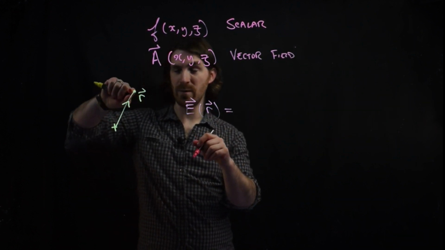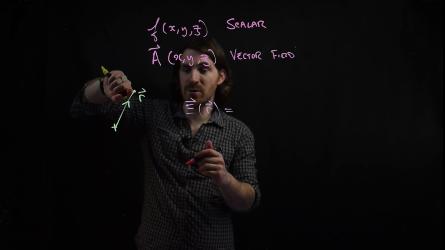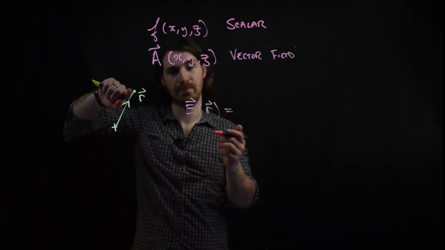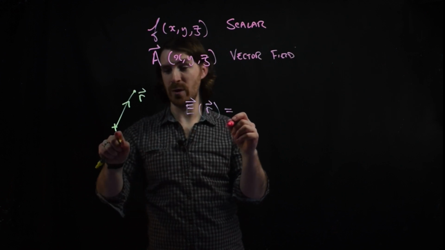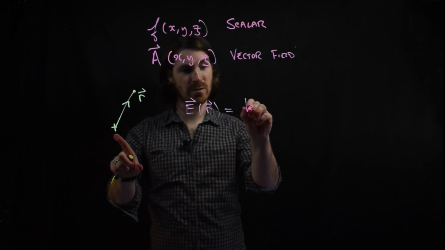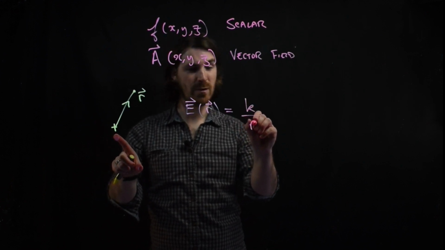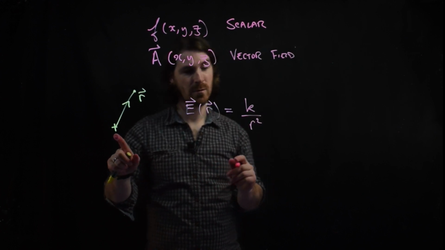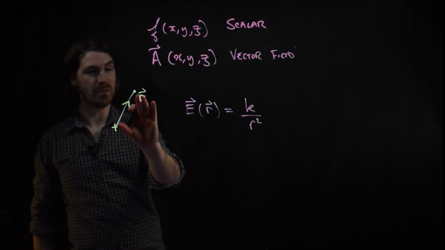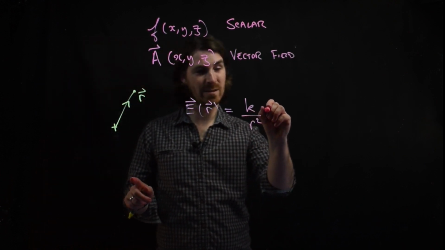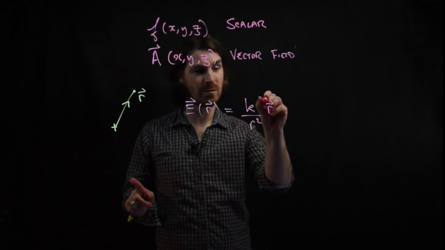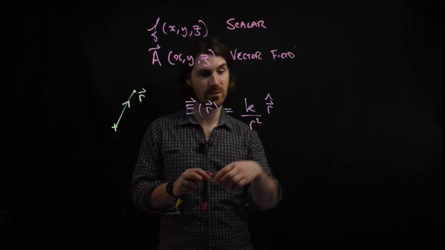Because at this point the electric field has some magnitude and some direction. It turns out that the electric field of a point charge is a constant divided by r squared. So it's inversely proportional to the distance from the charge squared, and it's in the direction of r, which is a unit vector.